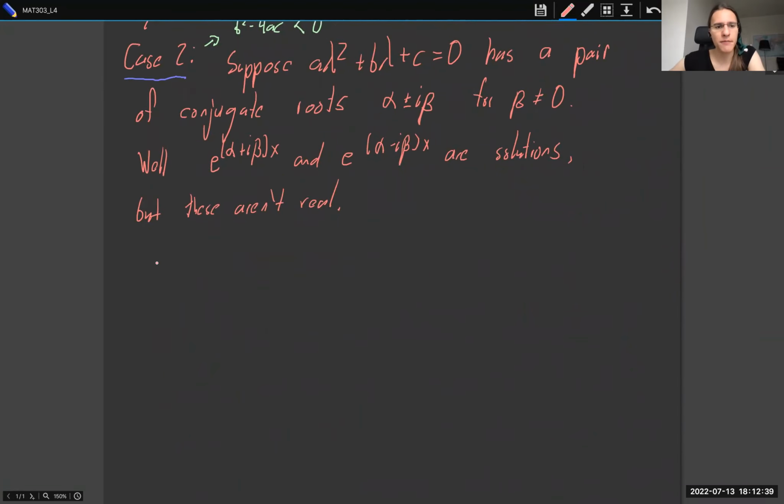Well, if we have something like e to the (alpha plus i beta) x, we can rewrite this as e to the alpha x, and then we have e to the i beta x, but i beta x becomes cosine of beta x plus i sine of beta x.